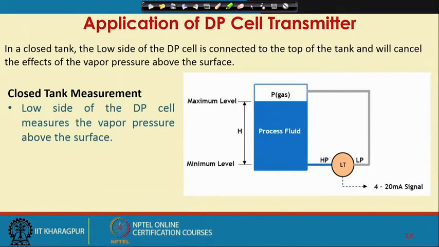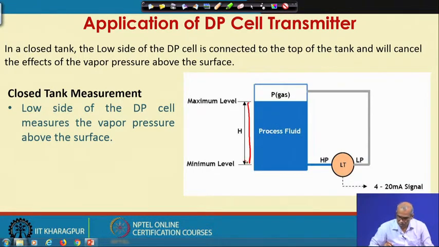You can also use a DP cell to measure the level of a tank which is not open to atmosphere, which is a closed one. So, level of the liquid in a closed tank. So, this is the level of the liquid in the closed tank, and in the upper part, let us say we have some gas with some pressure.